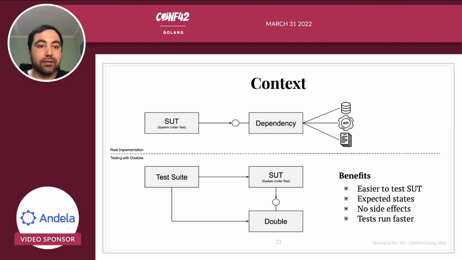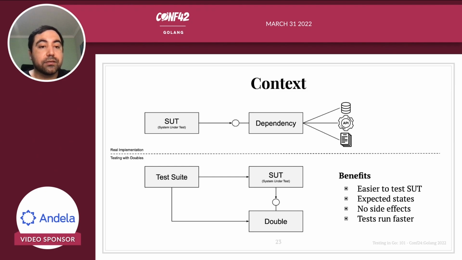So the system under test will think that this double is the real dependency, and we can test the behavior in a controlled environment, because the test suite can control what will be the responses of this double implementation.